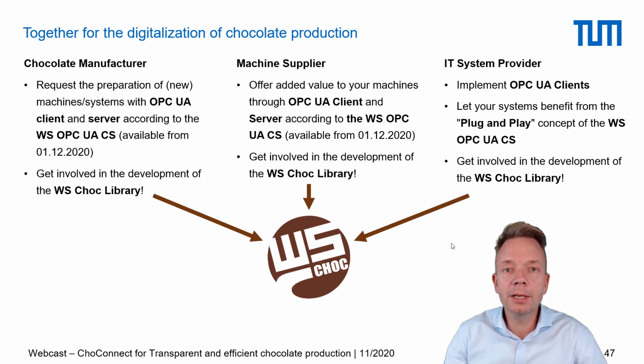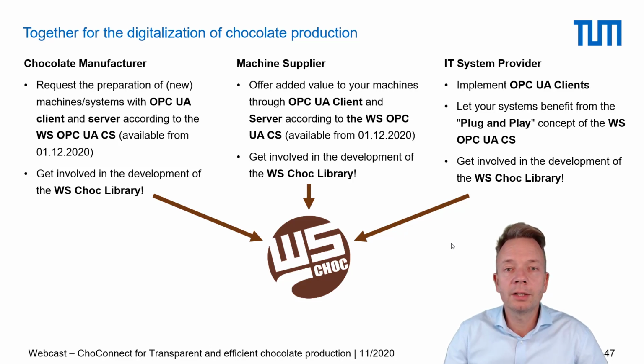And please help us to develop, especially for your branch, the new library WS ChoC. We will need some funding to do this work, of course, but also we need your expertise, because you are the chocolate manufacturers and you are necessary to develop a future standard for your needs. The basis is there, the WS OPC UA companion specification, but we would like to specialize this basis for your branch.